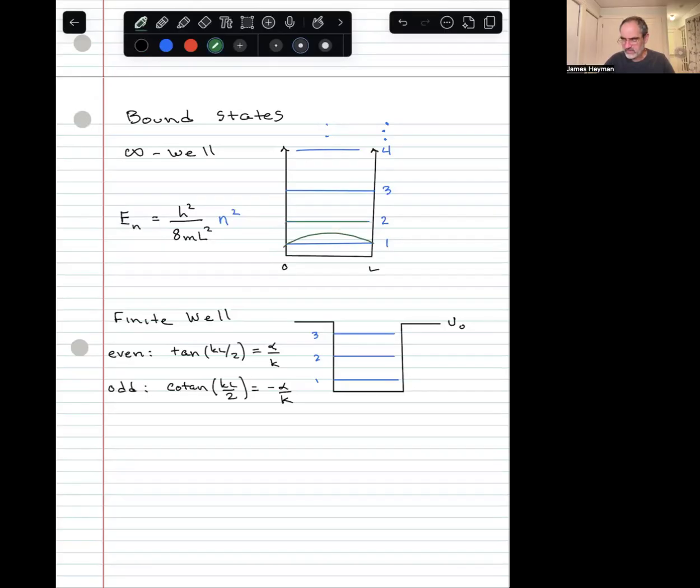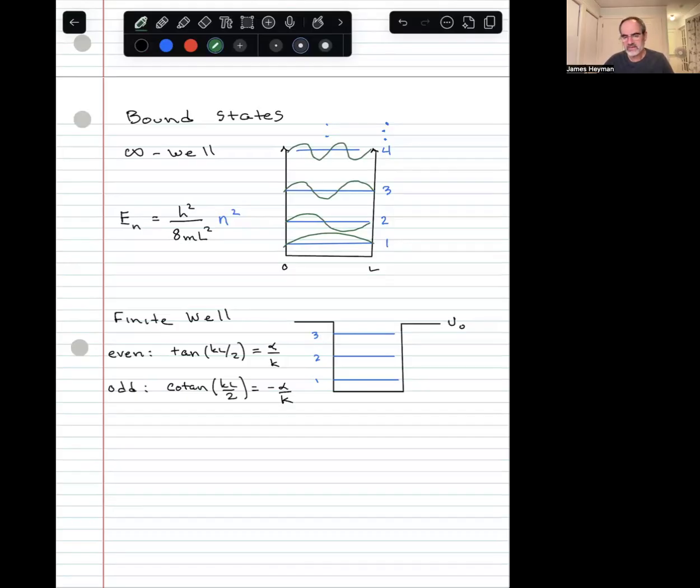So they have nodes at either end of the box. And then in between the nodes, there are sinusoidal functions. All right?